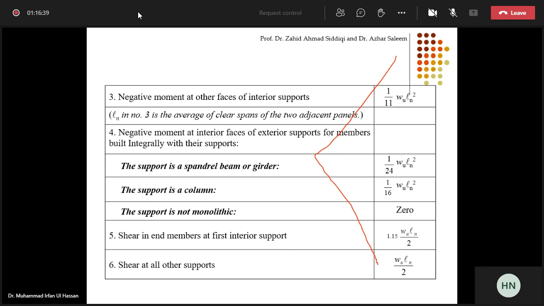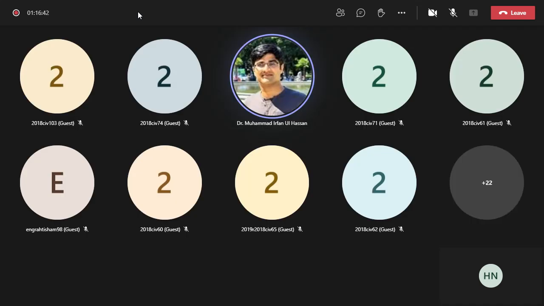The next topic that you studied was the one-way slab system, the one-way continuous slab. One-way continuous slab behavior is also taken as beam behavior, because a civil engineering structural component is either a line element like a column and beam, or a plate element like a slab, or a shear element like a shear wall.